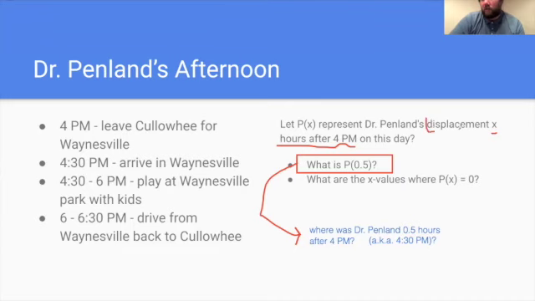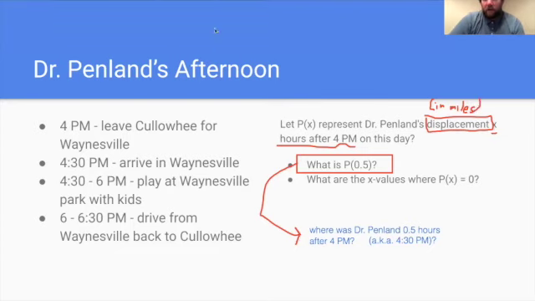I should have a unit for my displacement as well. So let's say that I'm measuring displacement in miles. That's arbitrary, but of course we usually work in miles, so there's nothing too exotic about that.